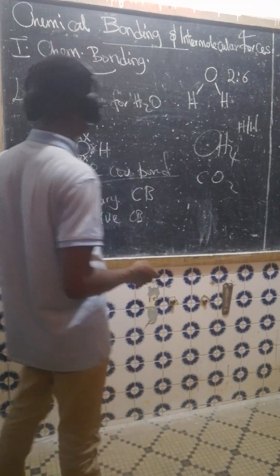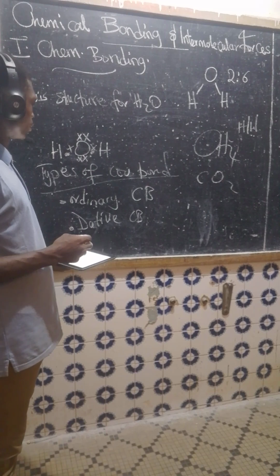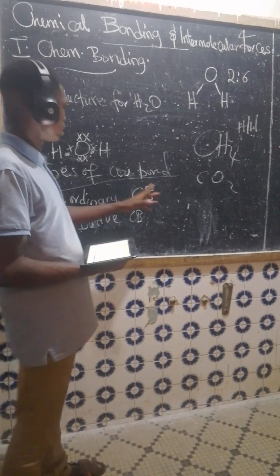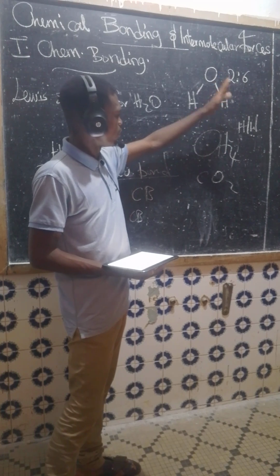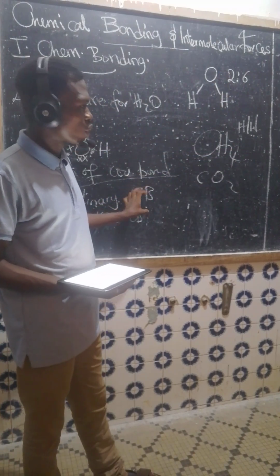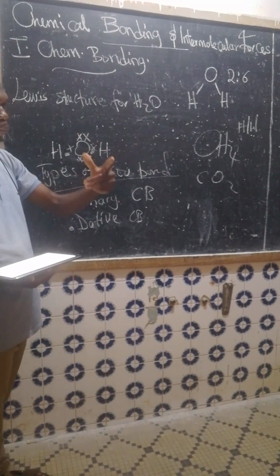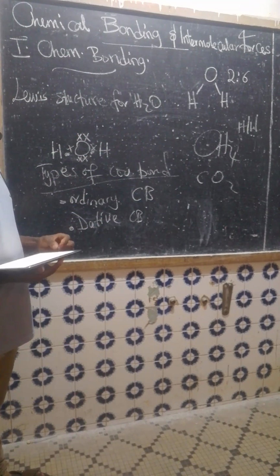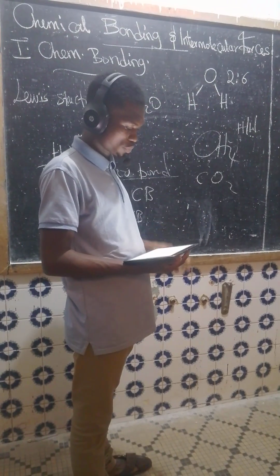Yes, there are two types of covalent bond. Ordinary covalent bond, this is what happens. In ordinary covalent bond, an example is water, like what we have done here, even methane, CO2. They are examples of ordinary covalent bond, where the shared pair of electrons comes from both atoms. So both atoms contribute equally to the shared pair of electrons.